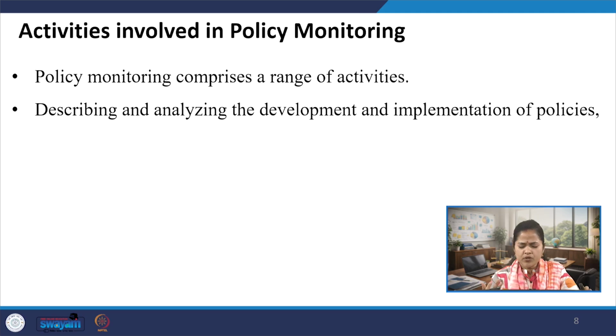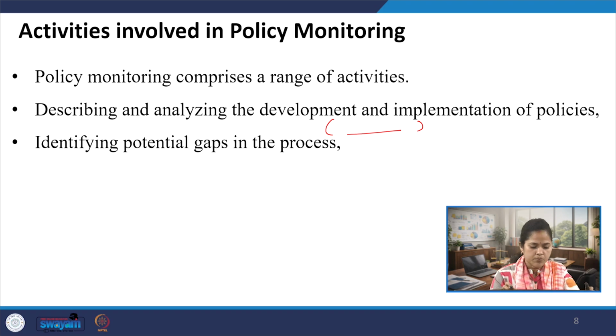To start with, we need to gather data, describing and analyzing the development and implementation of policy: to what extent the policies have already been implemented, and what the development of that particular policy is. For describing these, the relevant data and information needs to be collected.